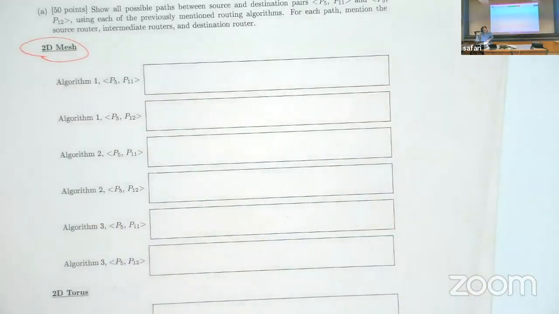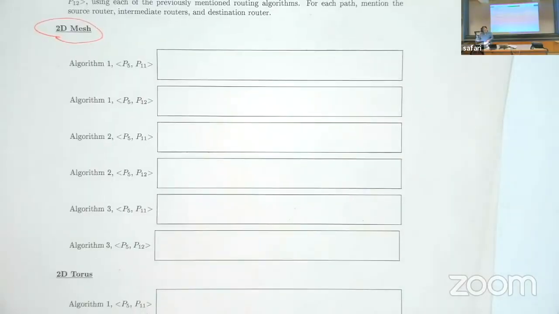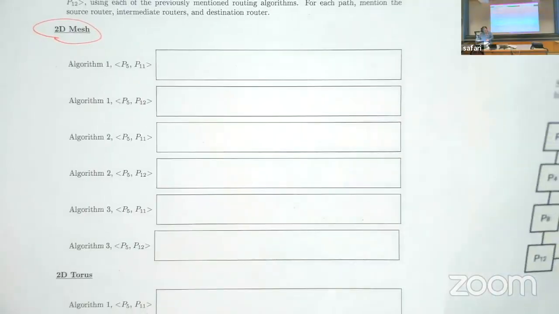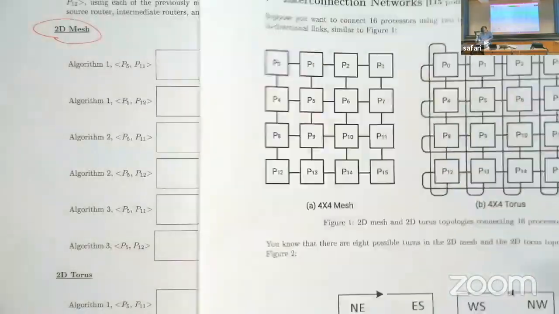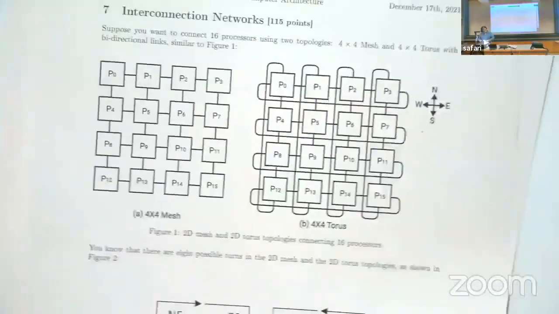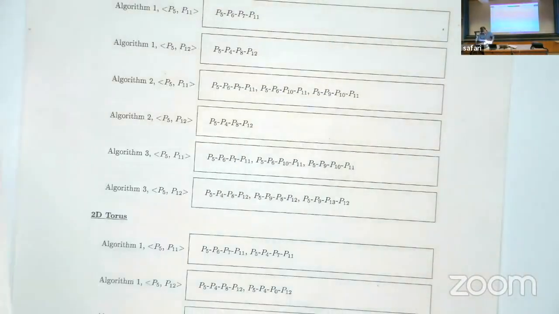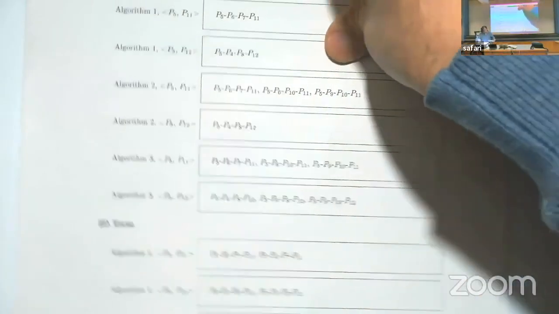So let's also do one for algorithm 3. P5 to P11. I'm also going to cheat.